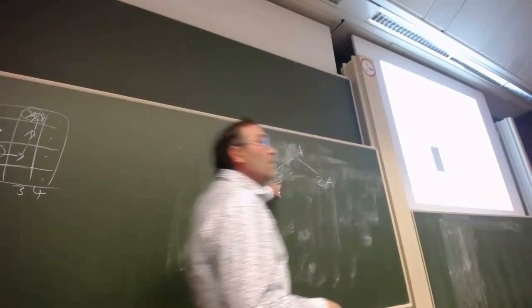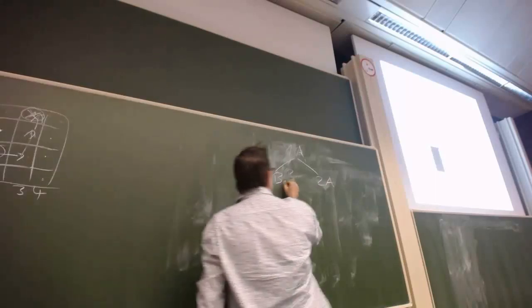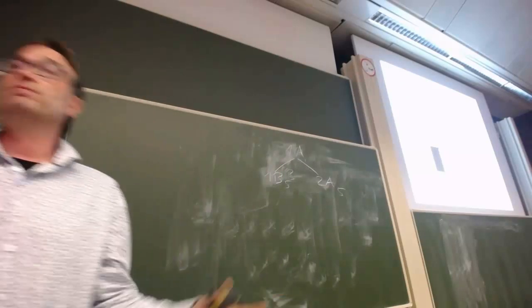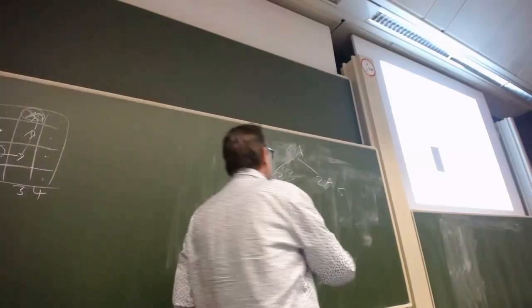So what is the value of 1B and 2B? 1, 2, 3, 4, 5 is the 1. 1, 2, 3, 4, 5. So it's the same. Okay, so that doesn't help us tie break. So we need to take randomly one of them.